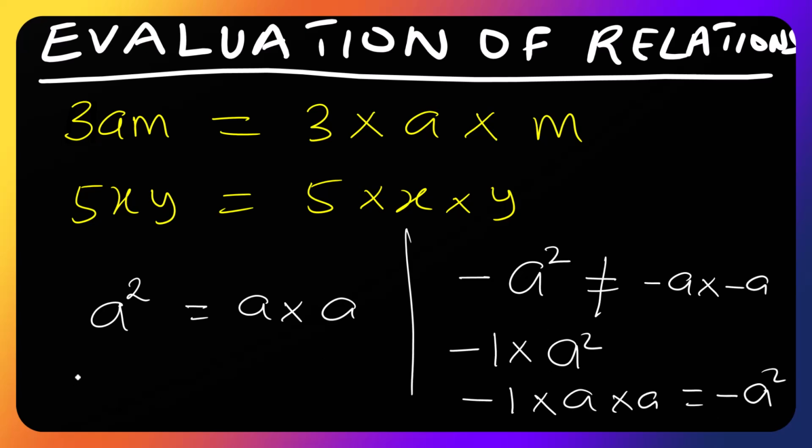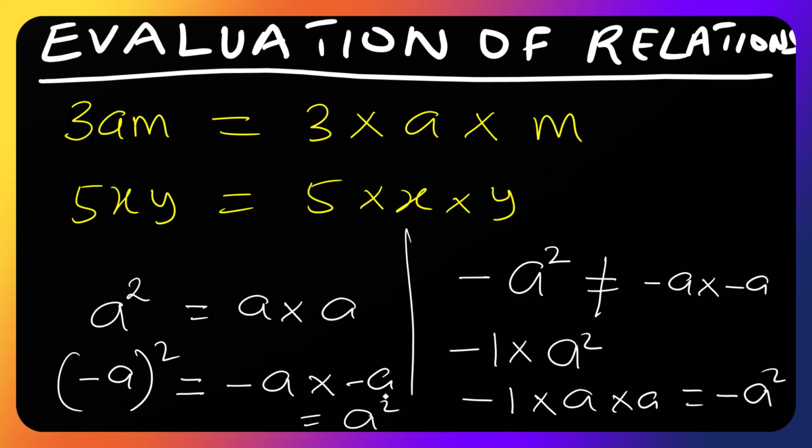All right, so if I put minus a in a bracket like this, and I square it, it means everything is squared. So this time I can say minus a times minus a, and that will be a squared, positive.